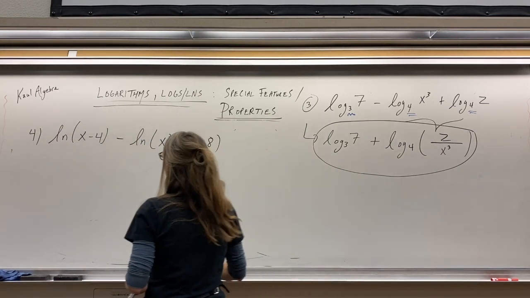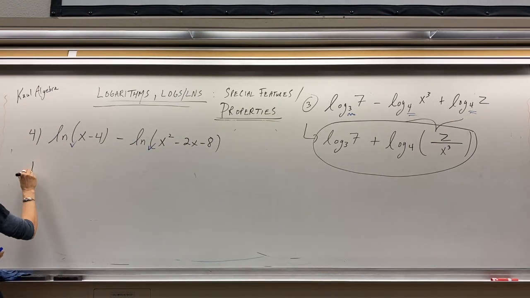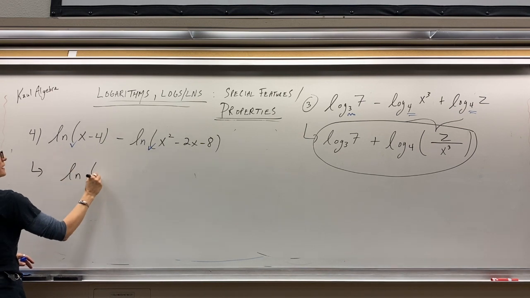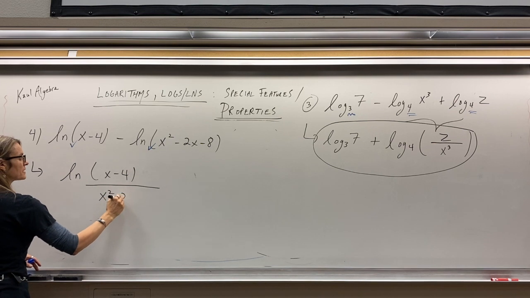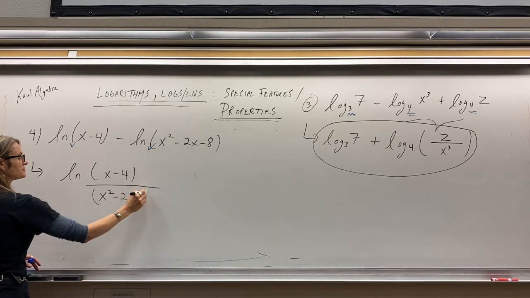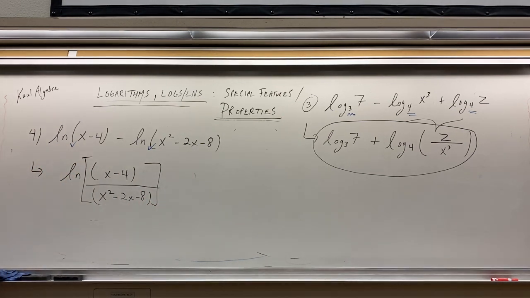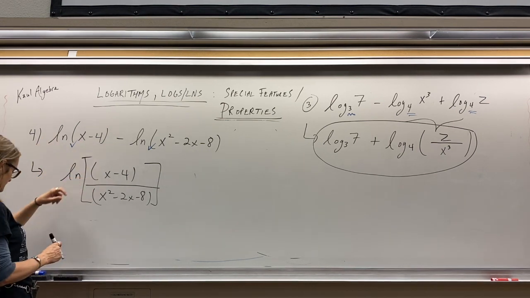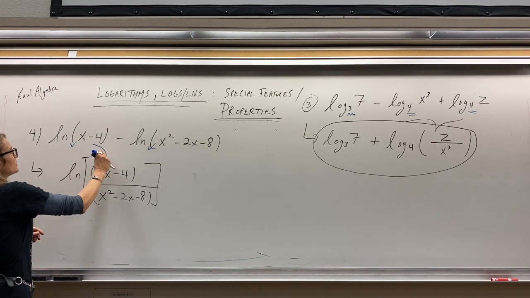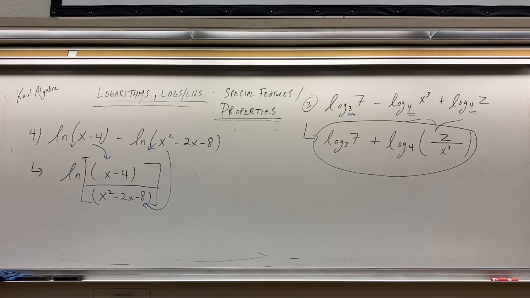So this is an understood e base, this is an understood e base. So altogether this becomes ln of x minus 4 over x squared minus 2x minus 8. Since I already have parentheses, I'll use square brackets. Okay, so based on my properties, positive numerator, negative denominator, and I've got that combined as 1.